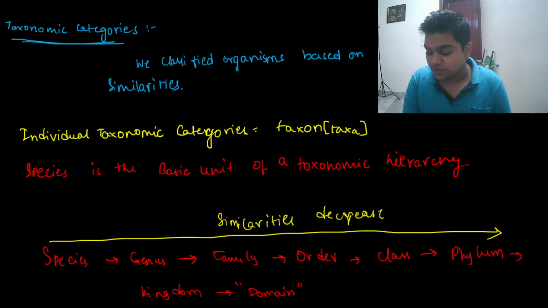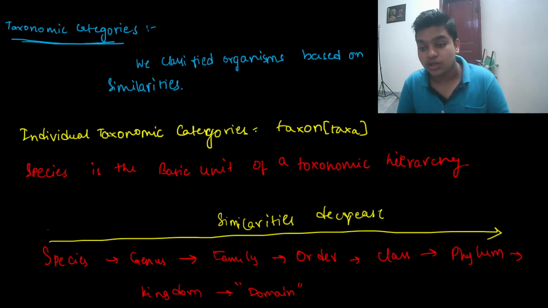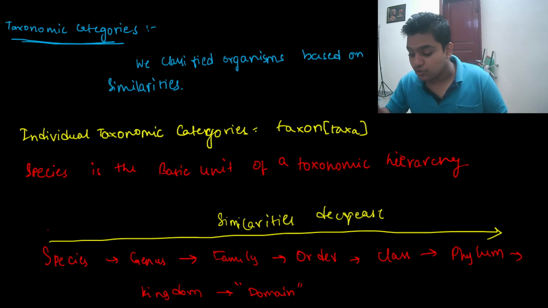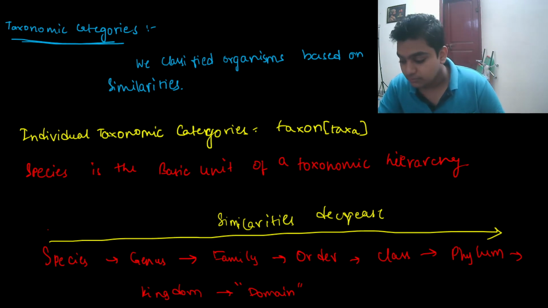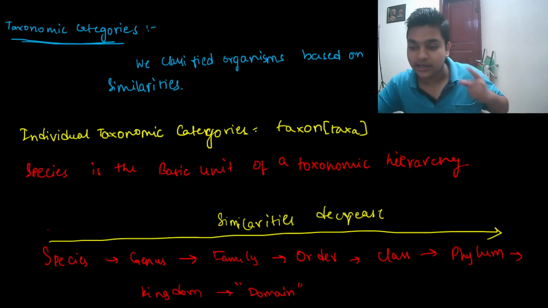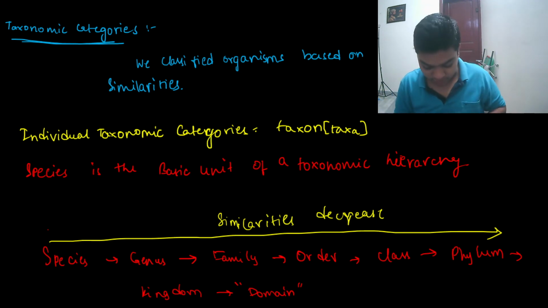So that is it guys for this video. In the next video we'll be talking about taxonomic aids. I have put a separate video because I have to discuss more on that part. Also, for the next video, read this table, table 1.1. This is your homework.